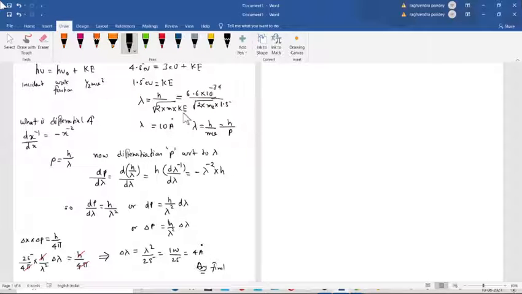So we take the mod value, or we omit the negative sign. Here the negative sign we are omitting. So dp by d lambda is h upon lambda square.